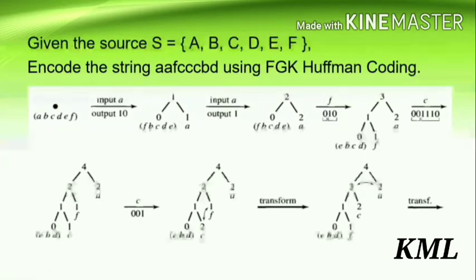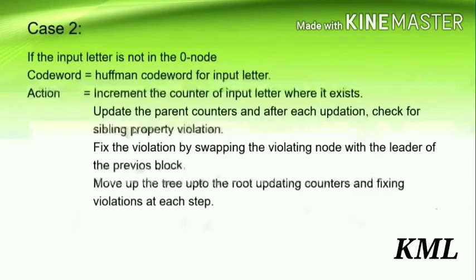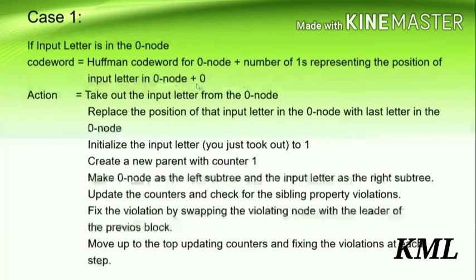So you write that many ones in the code word. The position is 1, so we write 1. And this is the default 0. See here, this one, this is the default 0. So the Huffman code word is empty.